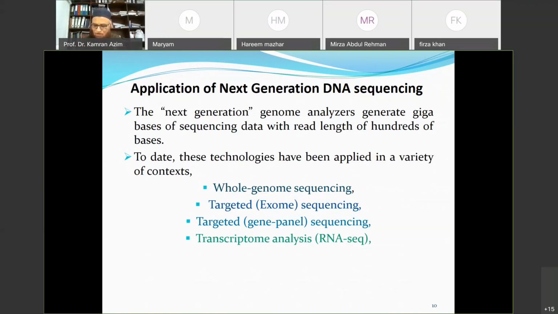Although the RNA molecule is normally converted into cDNA, and then that cDNA is sequenced, this type of sequencing method is called transcriptome analysis. In this case, we can carry out sequencing of those RNA molecules which have been transcribed in the cell at that particular time.